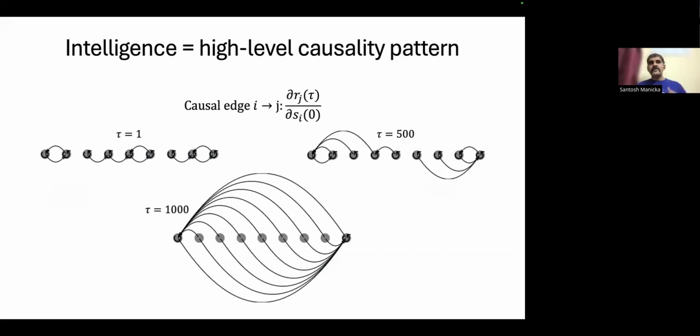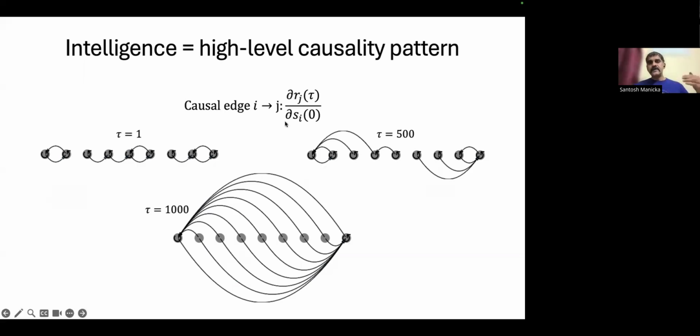So what I've been doing in my research is make this intuition more concrete and visualize these high-level strategies that these systems are following by constructing so-called causal networks.